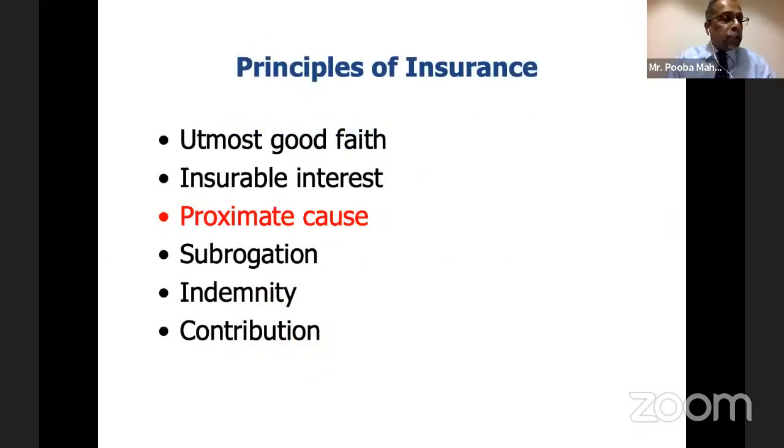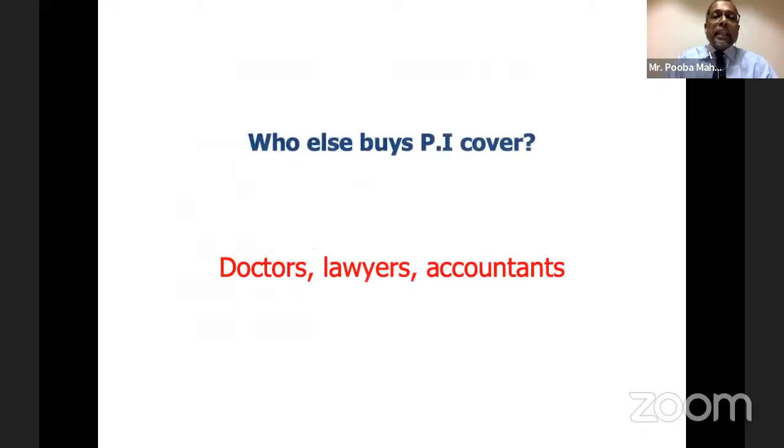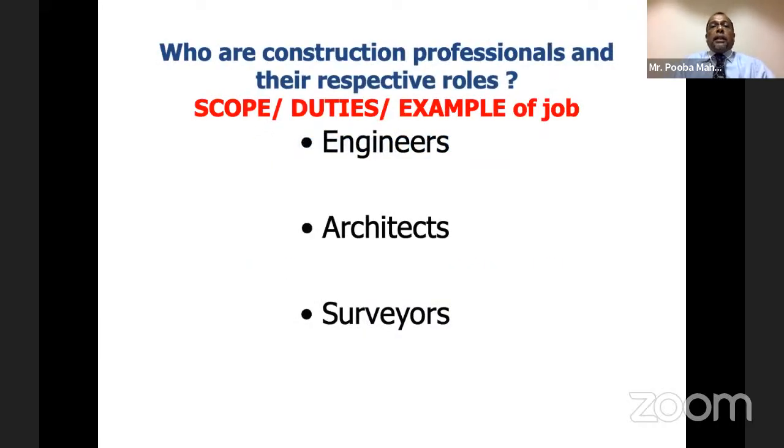The principles of insurance are applicable for the overall operation of all policies, whether it's CR or PI policy, it applies. Now, who buys PI cover? Doctors, lawyers, accountants also buy. So consulting engineers also should buy. It's good protection to have. Now, what are the roles of the professionals? They are doing the design, they're doing the calculation, they're doing the supervision.